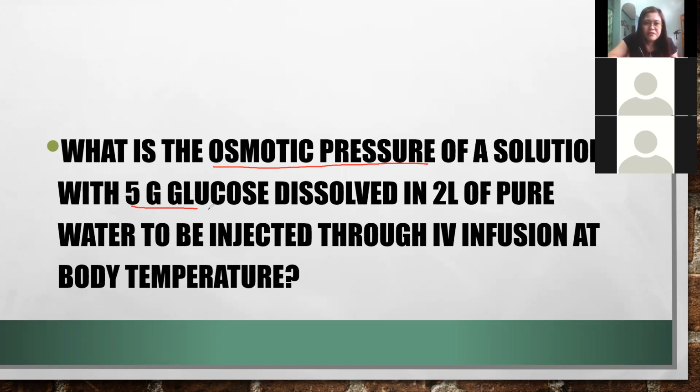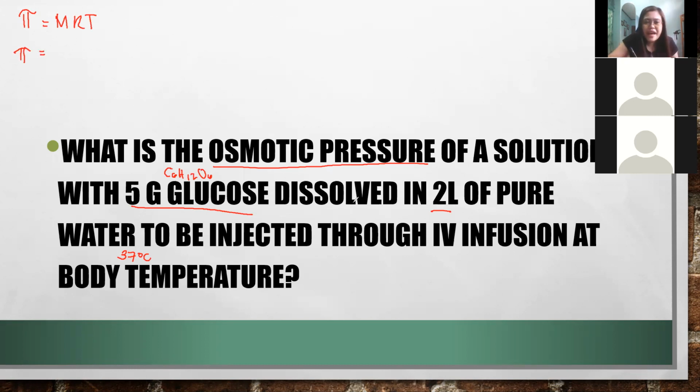It contains 5 grams of glucose. Remember, glucose is C6H12O6. It is dissolved in 2 liters of pure water. This is to be injected via intravenous infusion at body temperature, or body temp is 37 degrees Celsius. So this is pi equals MRT. We will be computing for the pi.